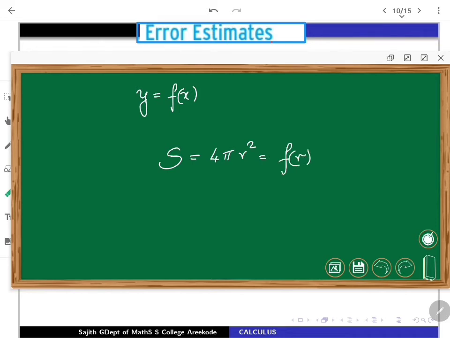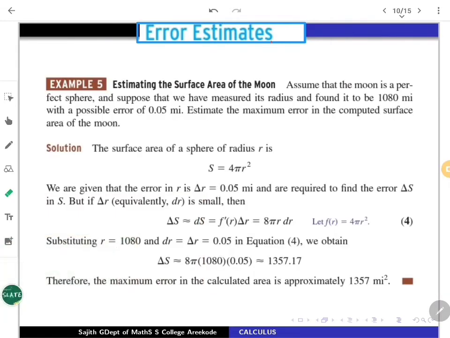Once you know r, you will find the surface area S. While measuring r, you may make a mistake, or a small error may occur. Then the final result S will also be affected. So that delta S you can find out using ds, the differential of S, because instead of y equals f of x, we have S equals f of r. That's all. So just look at the following problem.